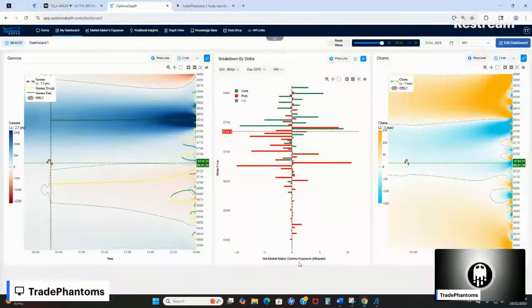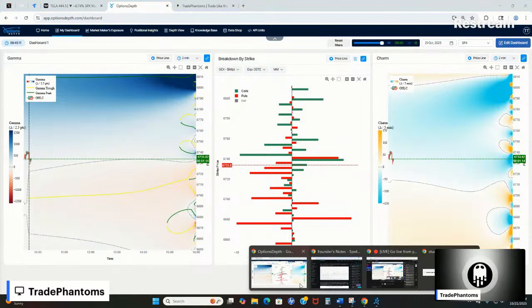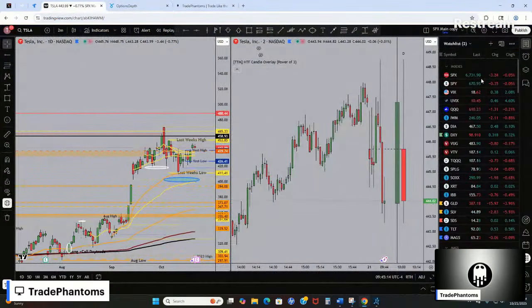Lower end of that. I want to zoom in here. Wow, a lot of junk. Which one's weaker this morning? Actually, Qs are a bit weaker.